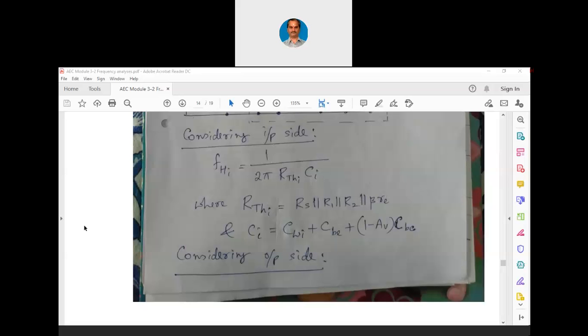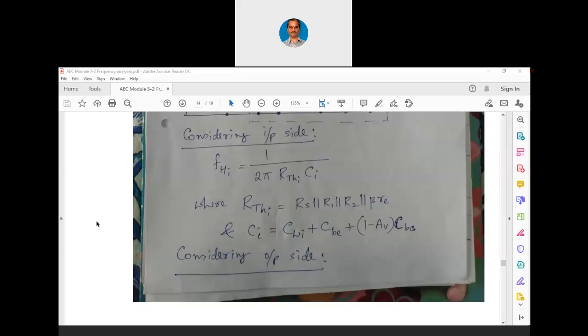FH equals 1 over 2 pi RC. So what is that RTHI? RTH is the total Thevenin's equivalent resistance. That is RS parallel with R1, parallel with R2, parallel with beta into RE. I hope you already studied the Thevenin's theorem in the course called network analysis. So you will be knowing about it. It is simply an equivalent resistance at the input.